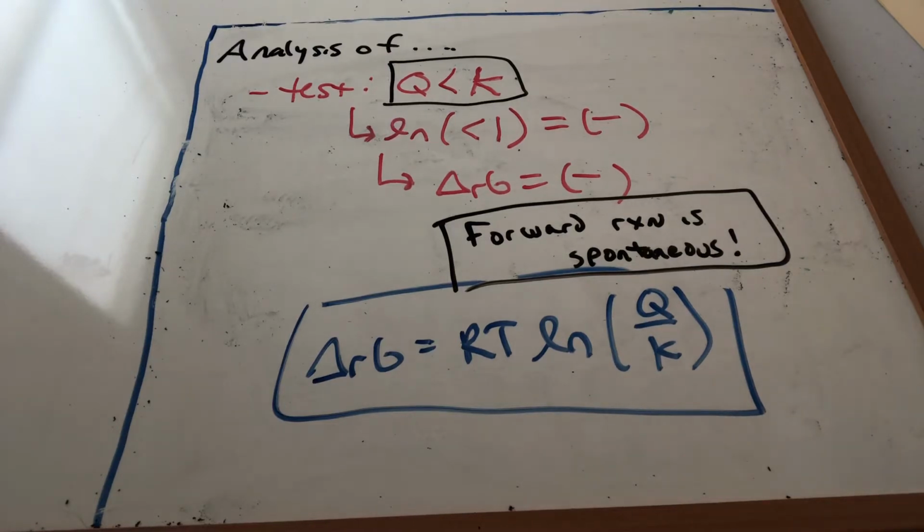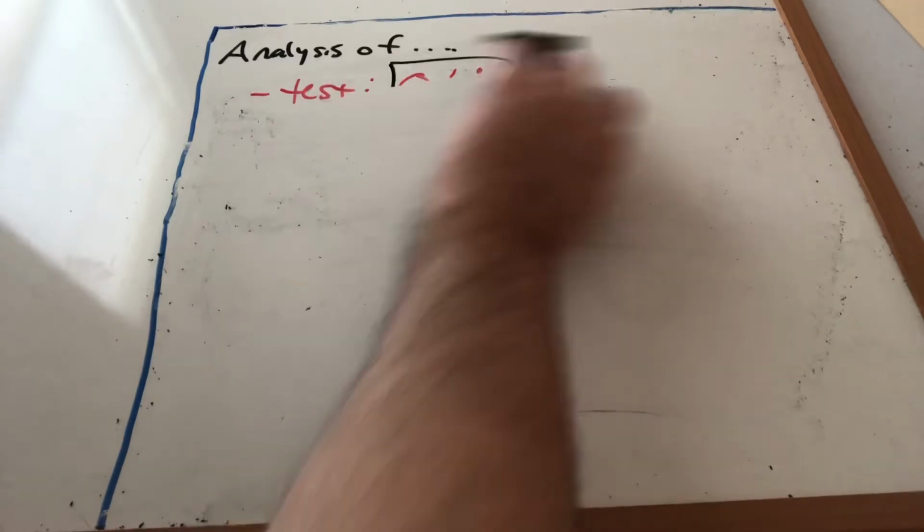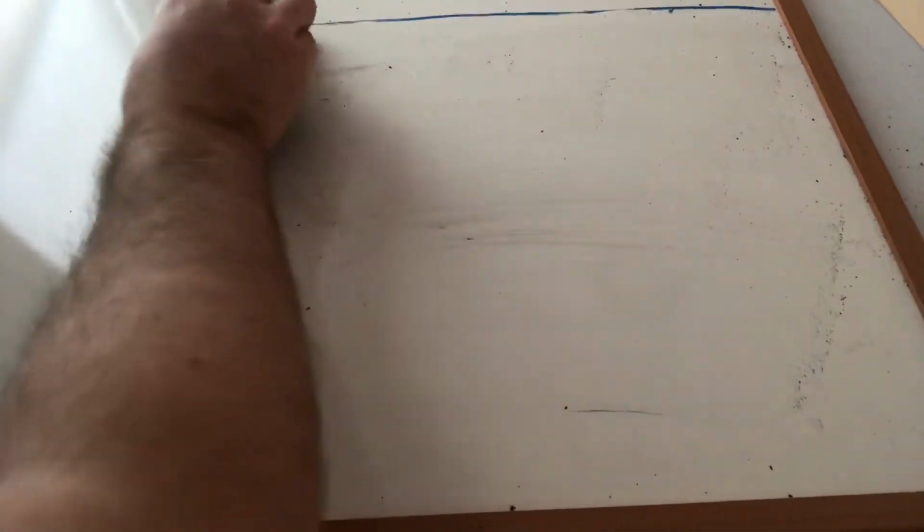One last thing I want to talk about is analyzing this expression and bringing it to things that we saw earlier in the semester, okay? I made the point in this discussion that we've been having, right, that temperature does affect all of this.